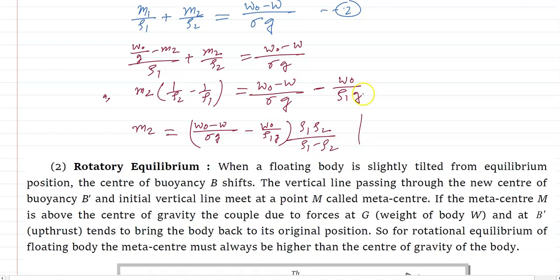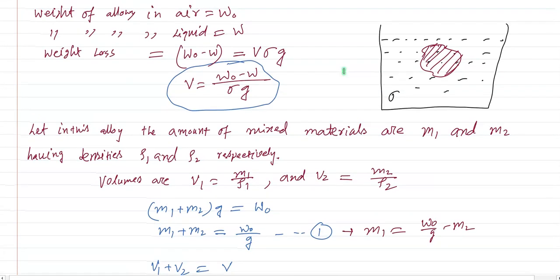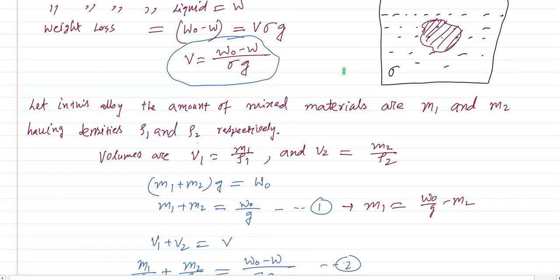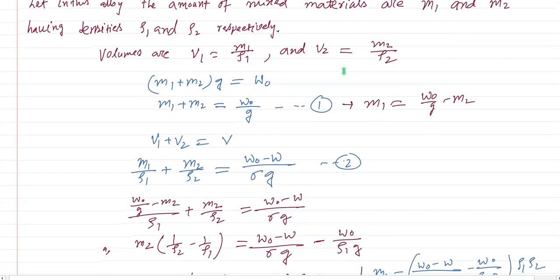Similarly, we can calculate M1. By this calculation, we can calculate how much of the different materials is available within the alloy.